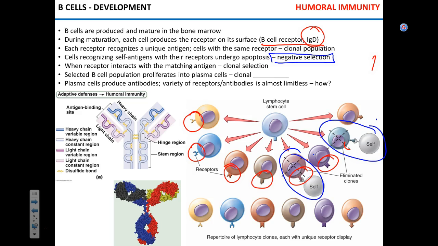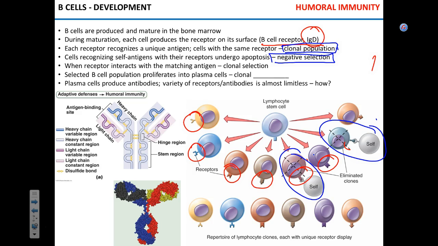Now, obviously, you don't have just one B cell with a unique receptor, you have several of them. These cells that have the same B cell receptor are called a clonal population. Sometimes they're just called a B cell clone. Maturation is over.